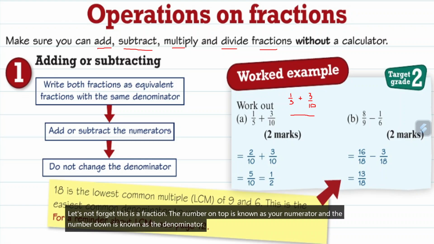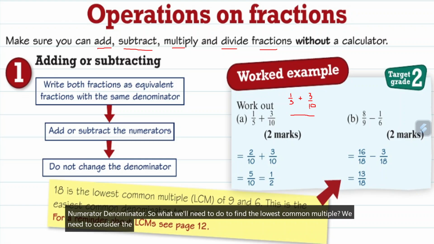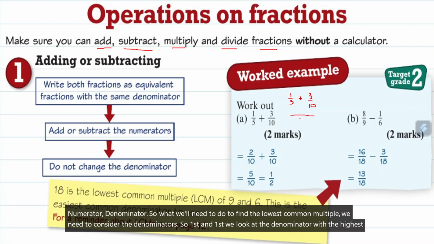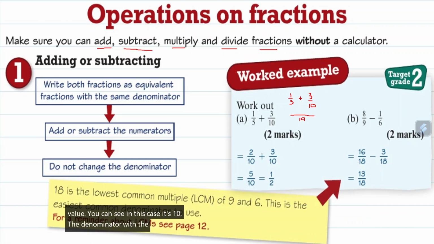So what we need to do to find the lowest common multiple, we need to consider the denominators. First, we look at the denominator with the highest value. In this case it is 10.